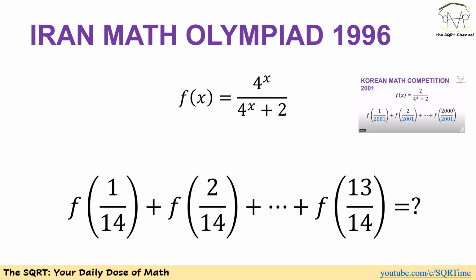In this problem, f of x is defined as 4 to the power of x over 4 to the power of x plus 2. And we need to find f of 1 over 14 plus f of 2 over 14 plus so on and so forth up to f of 13 over 14.